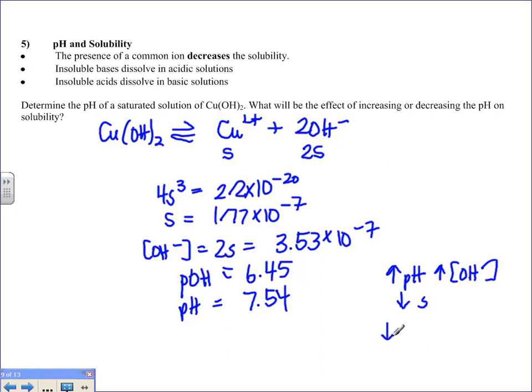If I decrease the pH in this particular equilibrium, that's going to decrease the hydroxide, because if I'm decreasing the pH, I must be adding some acid, which is going to have a side reaction with hydroxide and lower its concentration. If I lower the concentration of the hydroxide, Le Chatelier's principle tells me that this reaction is going to shift to the right. And as it shifts to the right, I am increasing the value of S in this particular reaction.